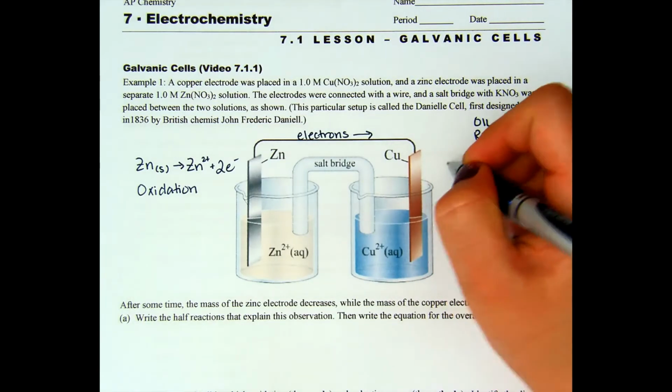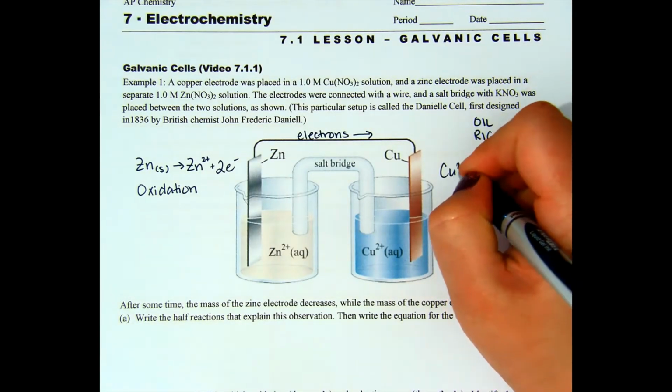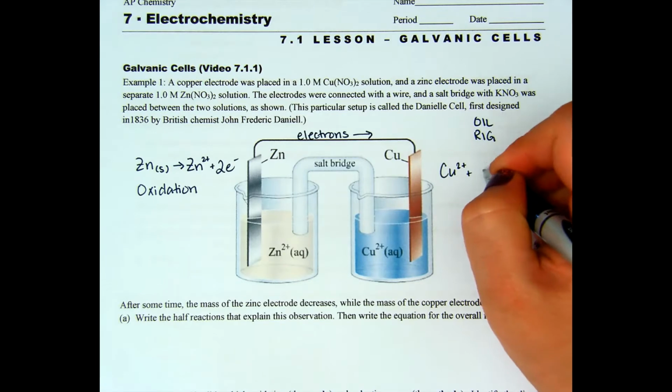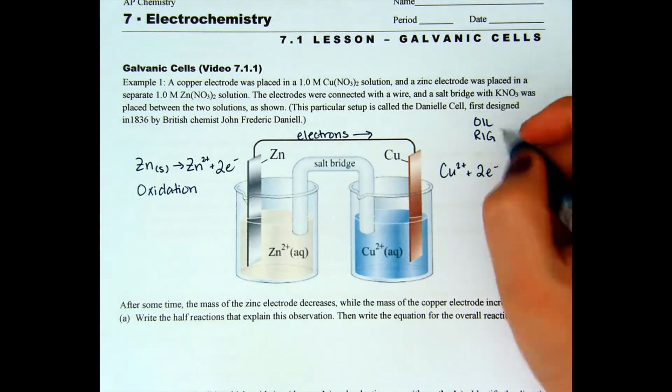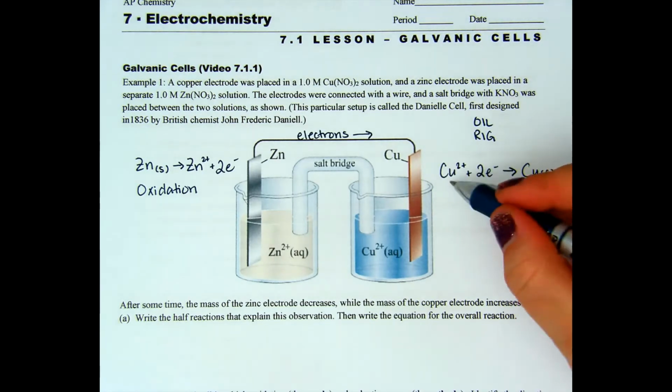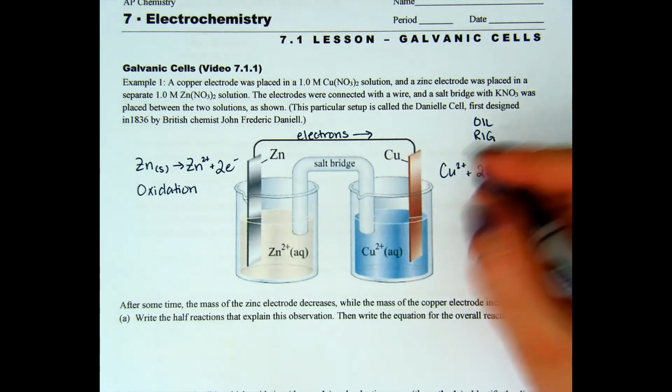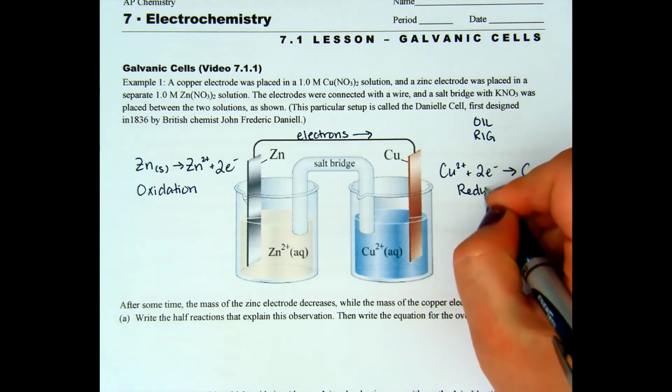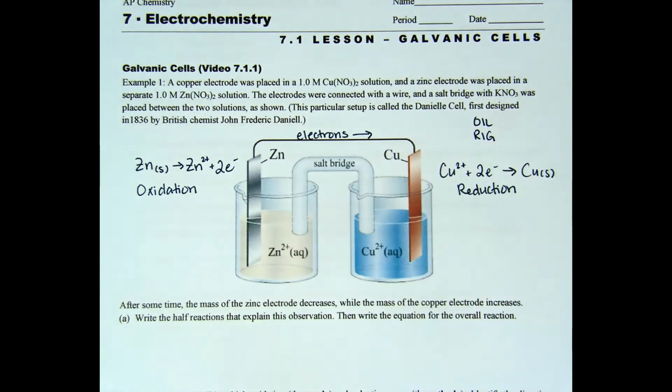So our reaction becomes copper 2+ plus 2 electrons that came over on the wire is going to form solid copper, right? And so since we are gaining electrons here, reduction involves gain, this is the reduction side of the cell.